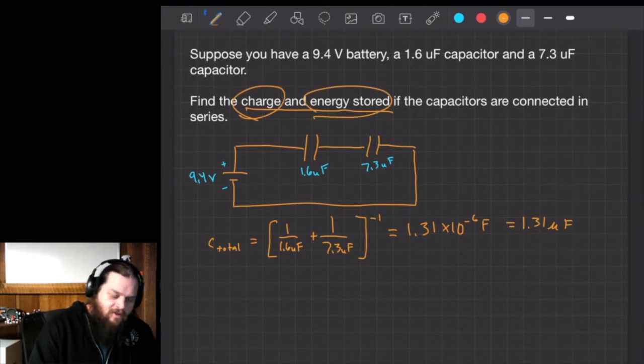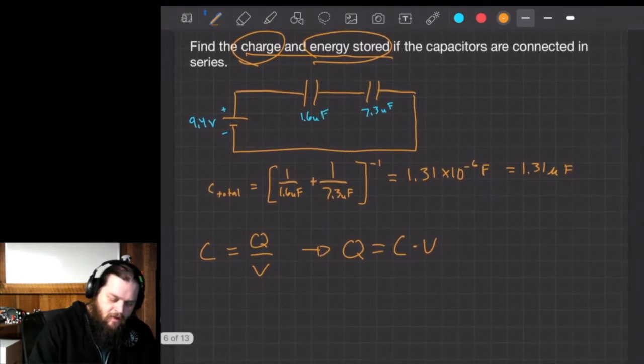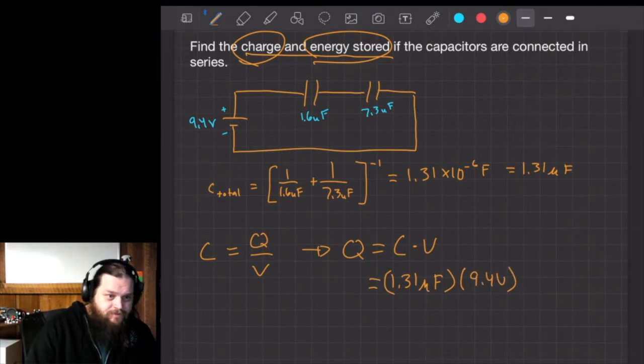So let's start with the charge. Using the relationship that the capacitance is equal to the charge over voltage, we can determine what that charge is. So Q in this case is going to equal C times V, which is equal to the total capacitance of the circuit times the voltage, and in this case the voltage is 9.4 volts.